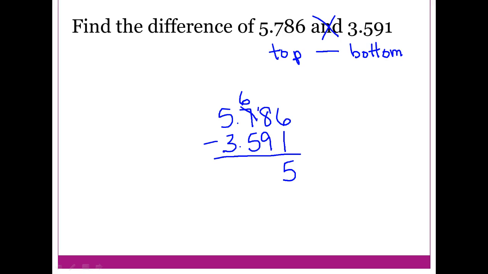So we'll add it to the 8/100 already there, and now we'll be working with 18. So 18 minus 9 is 9, 6 minus 5 is 1, and 5 minus 3 is 2, and then we bring that decimal point straight down and put it there in our answer. So after we've subtracted, we have 2 and 195 thousandths.